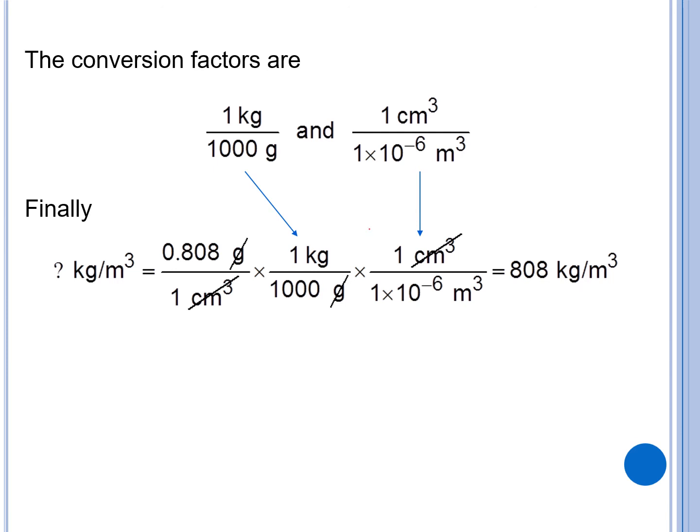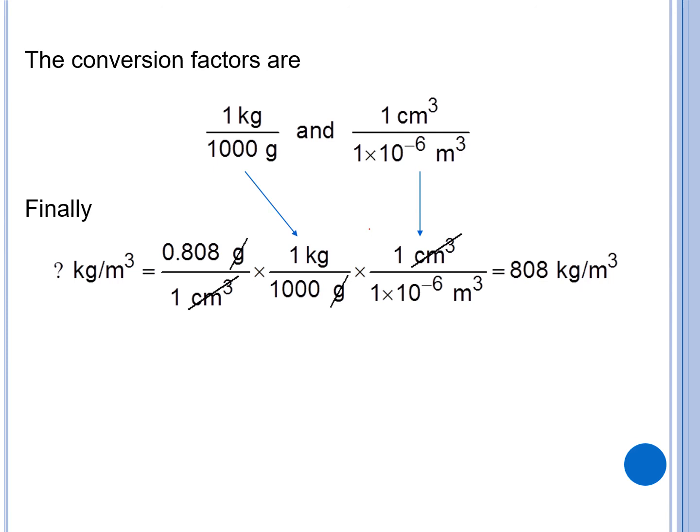We have 1 kilogram equal to 1000 gram, and 1 centimeter cubed equal to 10 to the minus 6 meter cubed.